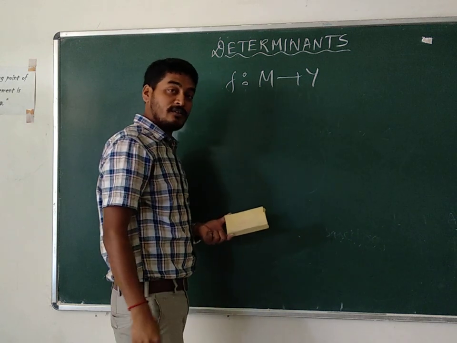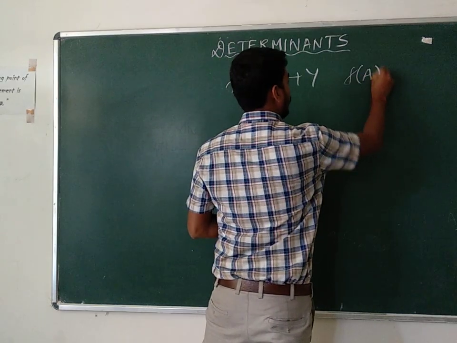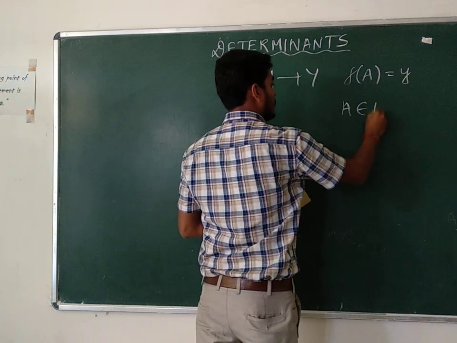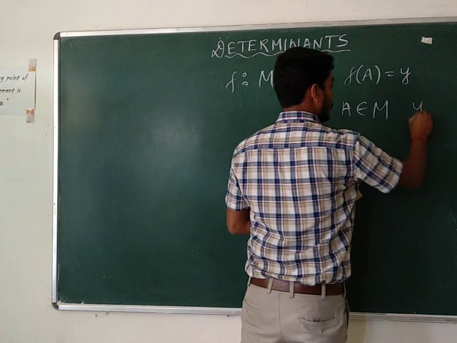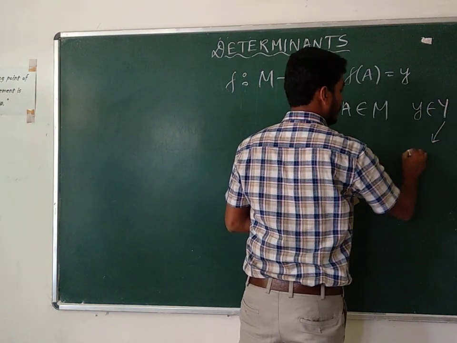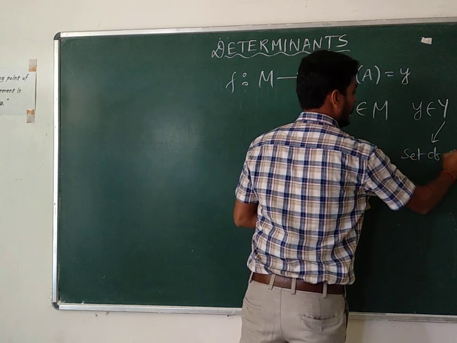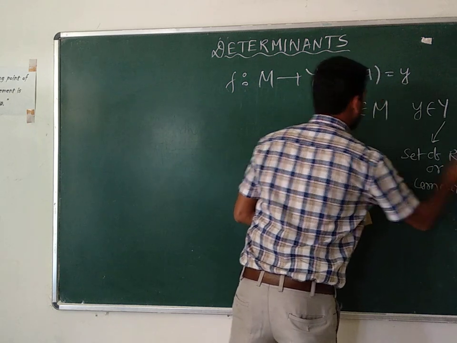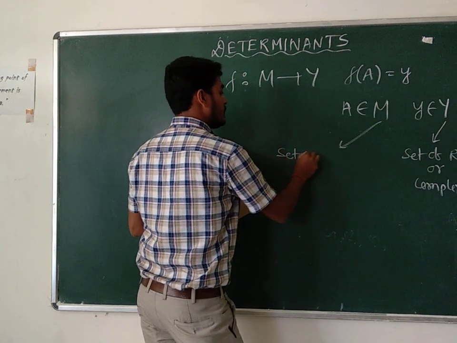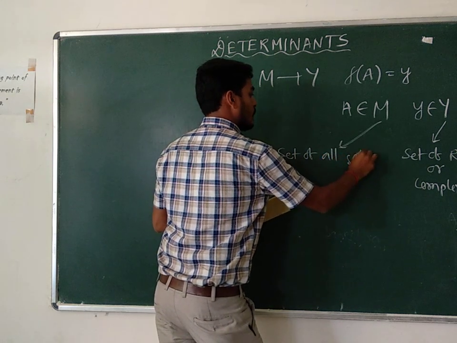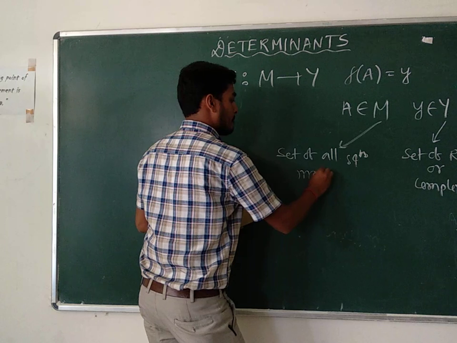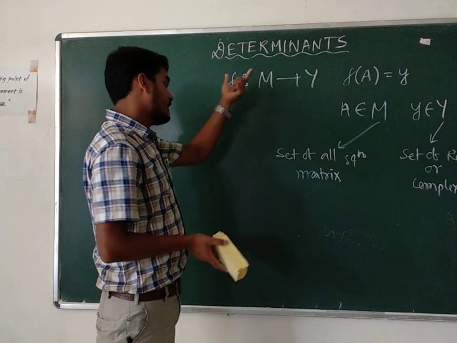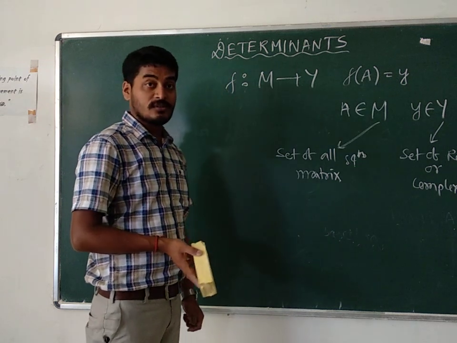Y is a set which contains either real or complex numbers, where f of A is equal to y, where A belongs to the set of square matrices and y belongs to the set Y, the set of real or complex numbers. Very important concept: the determinant itself is a function, a value which is associated with a square matrix.